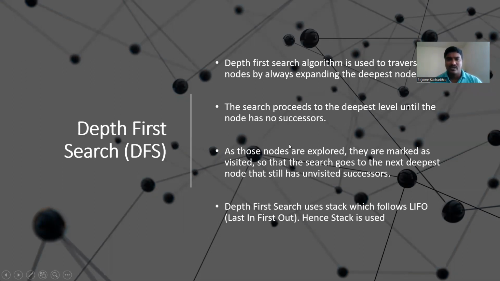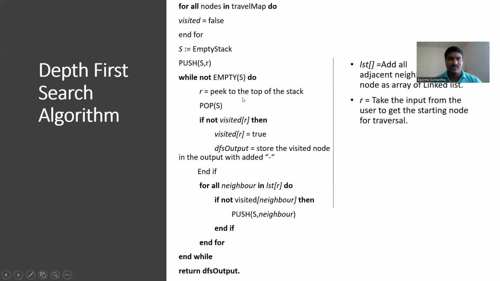As those nodes are explored, they are marked as visited, so that the search goes to the next deepest node that still has unvisited successors. Depth first search uses a stack, which follows last in, first out. Hence, a stack is used in depth first search. This is the depth first search algorithm we are using in the project.